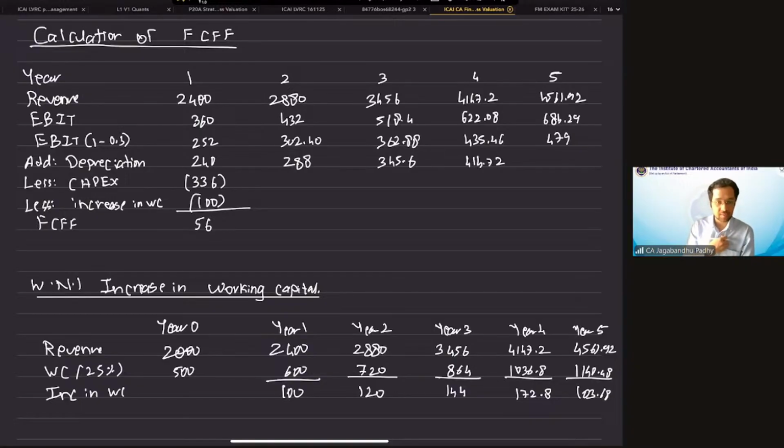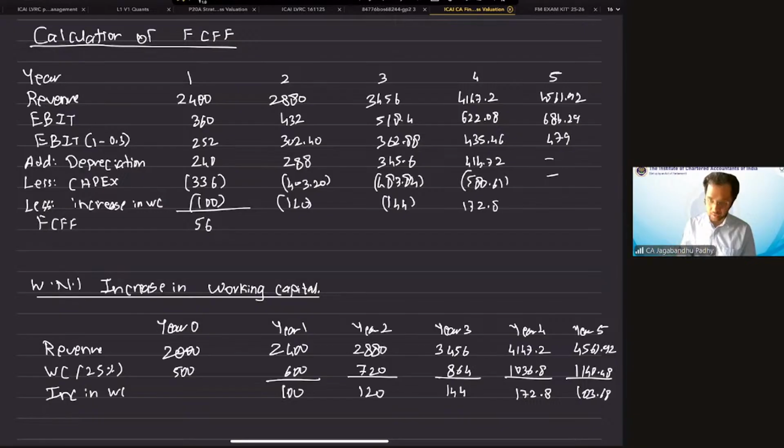Capex also increases by the same rate, so it is 403.2, 483.84, and 580.61. Both depreciation and capex are going to be ignored in the terminal year because they offset each other. And then the increase in working capital, as we have computed, is 120, 144, 172.8, and 103.68.